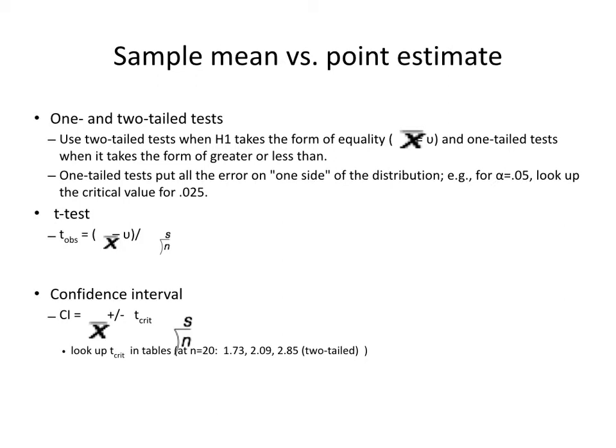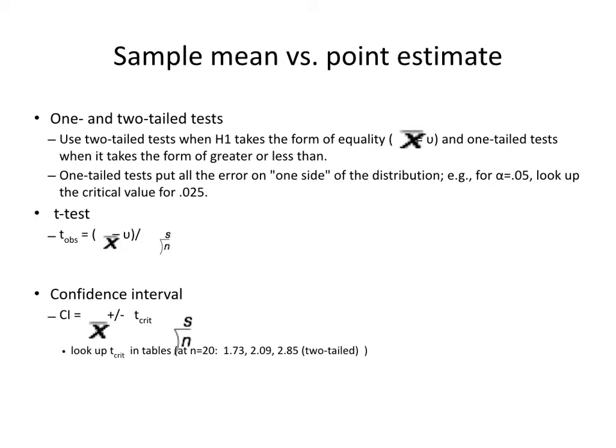Now these comparisons can be either one or two-tailed tests, and whether it's one or two-tailed affects the critical value that's used in the test. It is a two-tailed test when the hypothesis takes the form of equality. That is, the hypothesis is that x bar is equal to mu.